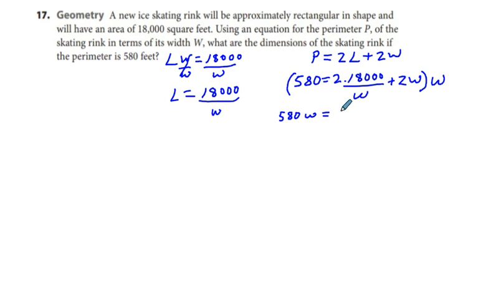Well, that's going to be 36,000. And we divided out W, so that's going to cancel. So we're going to have 36,000, and on the last term we're going to have plus 2W squared. So now we have a quadratic equation that we should be able to solve. And let's go ahead and subtract 580W.